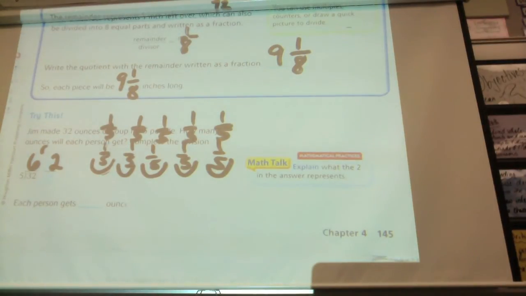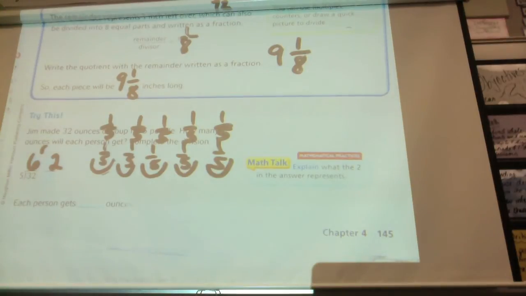1 whole. Okay, you guys, I'm trying to show you how simple it is. Pretend like, if I have 1 skerplunk and I have another skerplunk, how many skerplunks do I have? 2. If I have 1/5 and I have another fifth, how many fifths do I have? 2. 2 fifths.